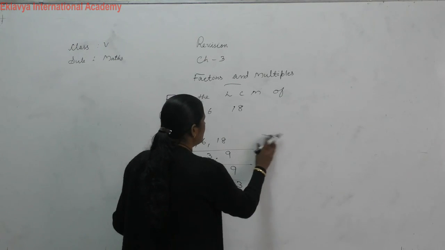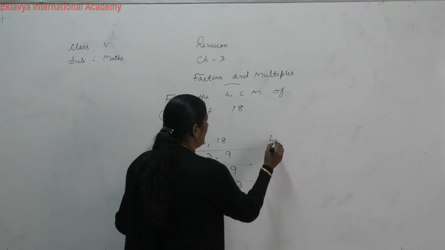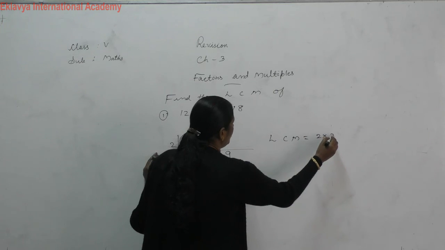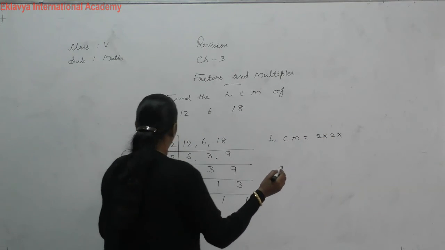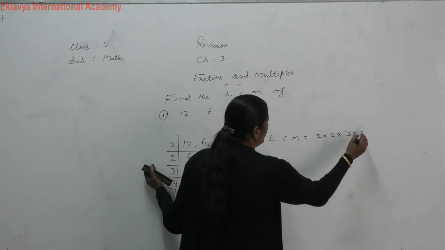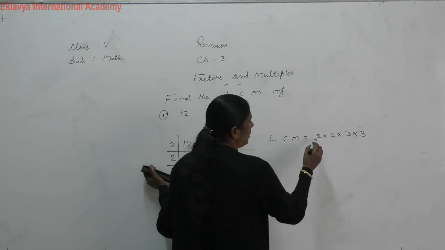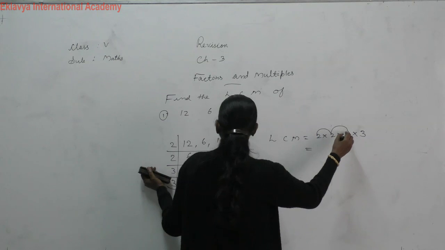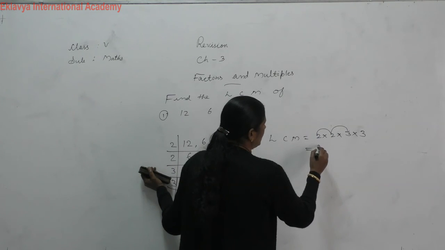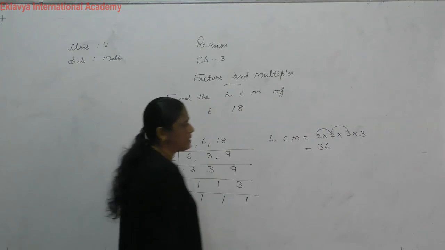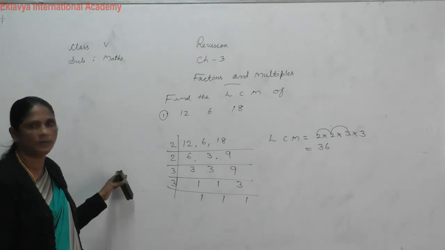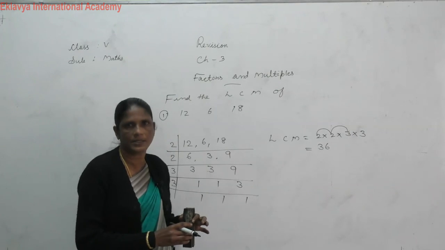LCM is equal to 2 into 2 into 3 into 3. Multiply. 2 twos are 4, 4 threes are 12, 12 threes are 36. Our answer is 36. Understand? This is the LCM.